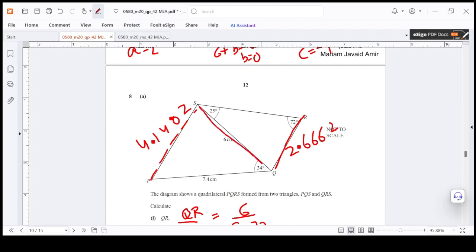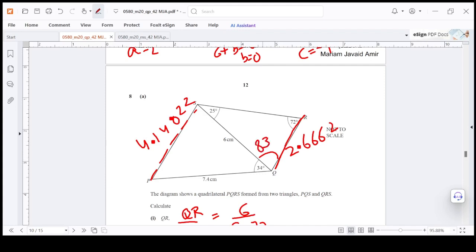So we can do half times 6 times 7.4 times sine 34 plus half times 6 times 2.6662 times sine of the angle in the middle. What's the angle in the middle?